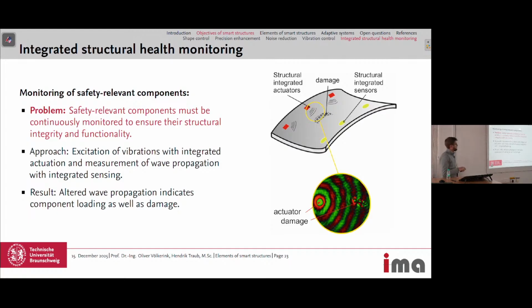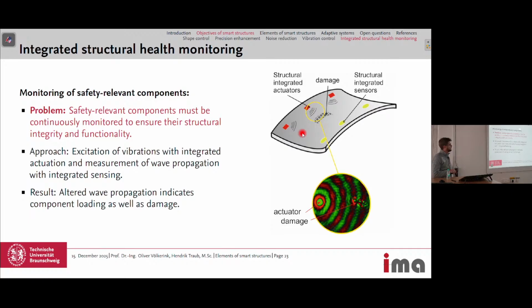And the idea here is to excite guided waves in these thin structures. And if you have a damage in the structure, the damage causes a stiffness loss, which then has an impact on the wave velocity or wave propagation, and this you can measure.